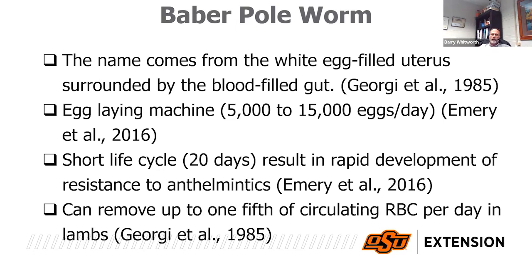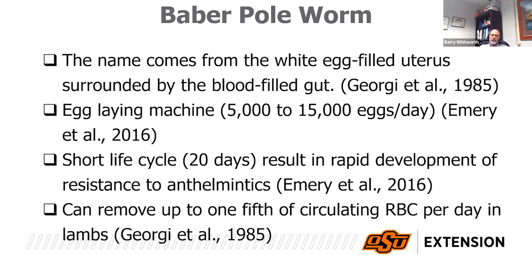Okay. The barber worm, the name of it comes from that egg-filled uterus surrounded by that blood-filled intestine. These guys are egg-laying machines, and they can develop rapidly. In three weeks, they can go from an egg to an adult when things are going right. And this is just one example.